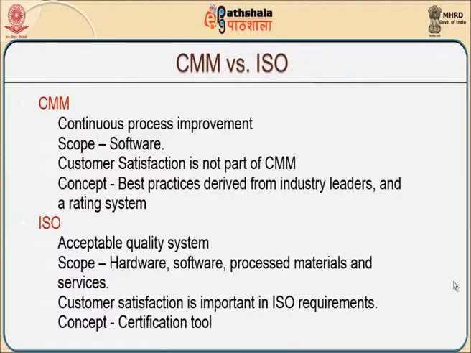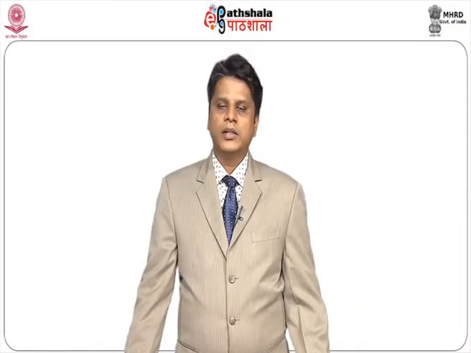Whereas, if we look at ISO, ISO tries to maintain an acceptable quality system. The scope of ISO is not restricted to software alone, it extends to hardware, processed materials, and also to services.